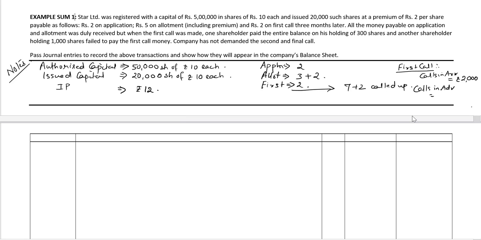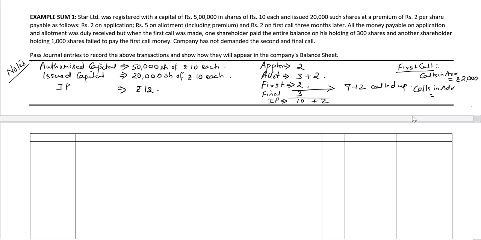that is the amount pertaining to the second and final call, which is received along with the first call. That's on 300 shares, and the amount of the final call as per the balancing figure, issue price should be 10 plus 2.